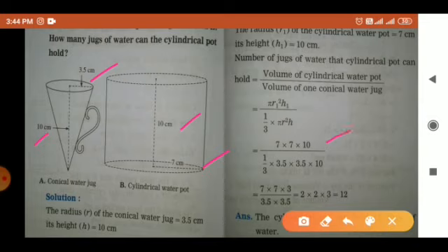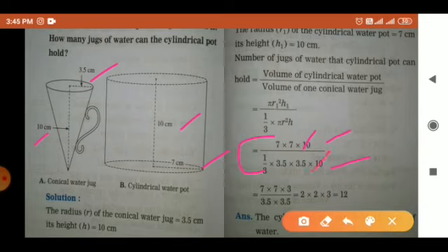So we will get 7 into 7 into 10 and 1 upon 3 into 3.5 into 3.5 into 10. Now the 3 in the denominator will go up, and this 10 and this 10 will get cancelled.